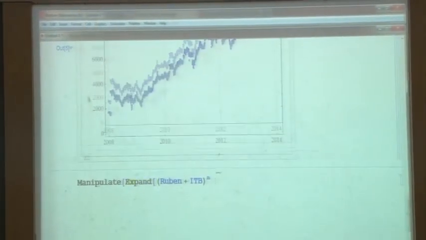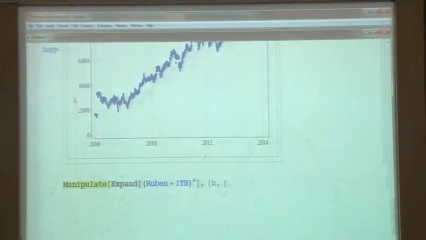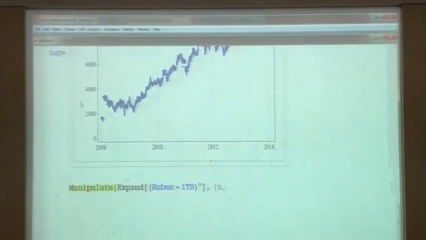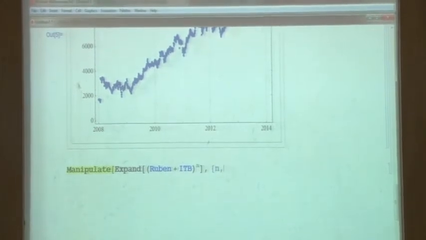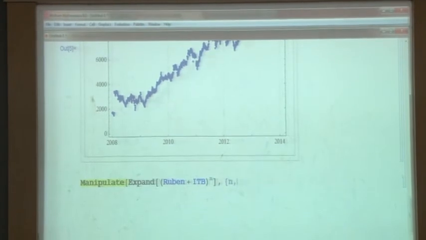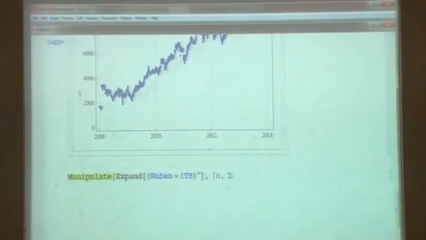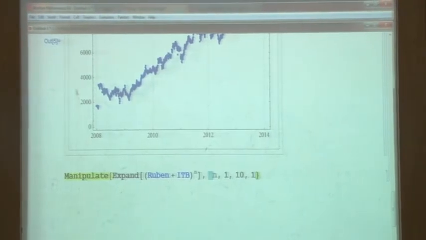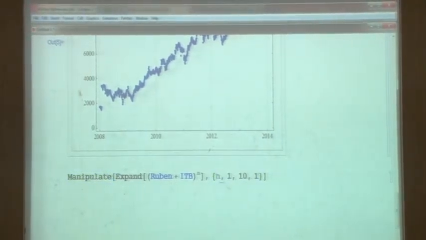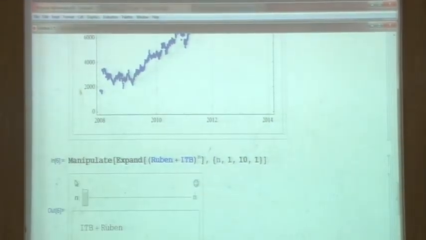What I'm trying to say is that when we create the Manipulate, we don't really need to put strings. So it depends on the type of activity that we are trying to do. So if I'm trying to expand this, I can put n from 1 to 10, an increase of 1. So you see, now my n is just numbers. You guys understand?